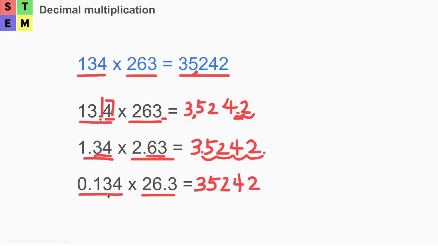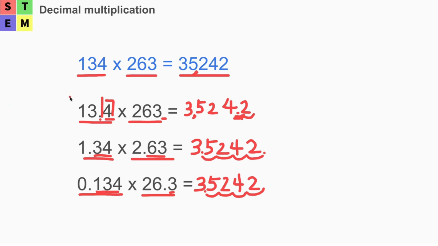Okay, and this time we have 1, 2, 3, so we have 3 digits here, and we have only 1 digit here, right? So in total 4 digits after the point, right? So that means we're going here 1, 2, 3, 4. Okay, so that equals 3.5242 again.